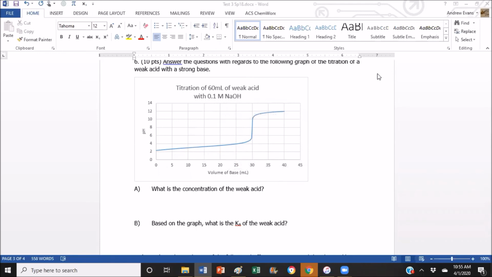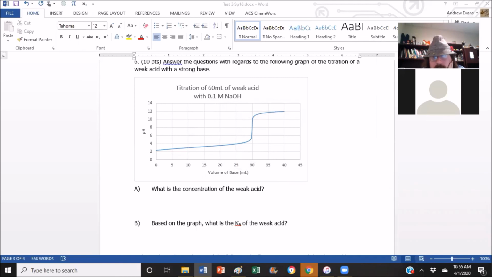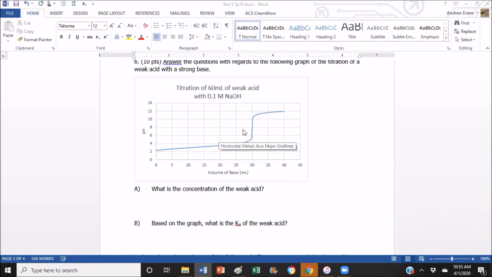Now this is regardless of whether it's weak acid or strong acid. We literally are going to say MAVA equals MBVB. So all we have to do is say, what is the volume that we see the big jump at? 30 mL. What is the concentration of the base? 0.1 molar.